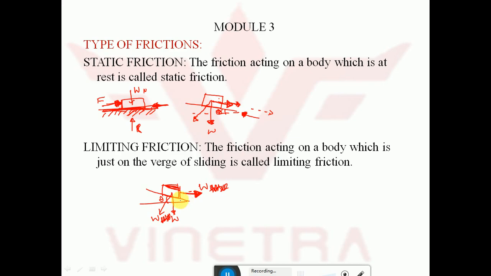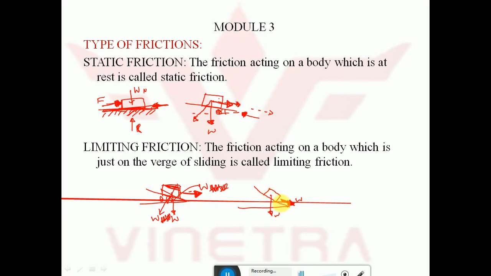In this manner the force will keep on increasing with the inclination. If I increase the inclination by some more amount, the body tends to move in this direction, because the component of the self weight W will go on increasing, and the body tries to slide over this surface.